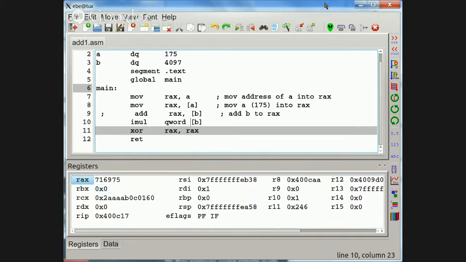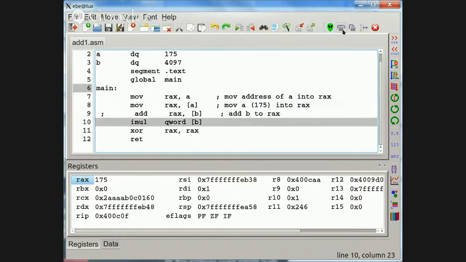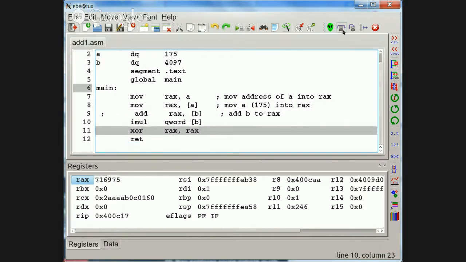That's good. Let's try it again. There's one more that's changed. You see it? I think it's RDX. RDX. That's correct. RDX contains the high order bits of the number.